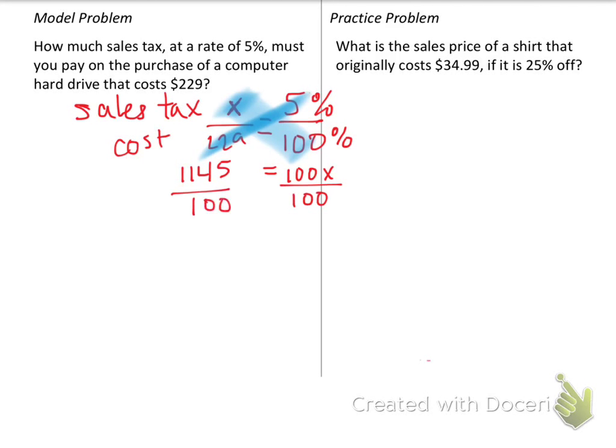Remember, the trick to dividing by 100 is to move the decimal 2 times. So the sales tax, which is your x, equals $11.45. So the purchase of the computer will be sales tax plus your subtotal, the cost. So we have to add $11.45 plus $229.